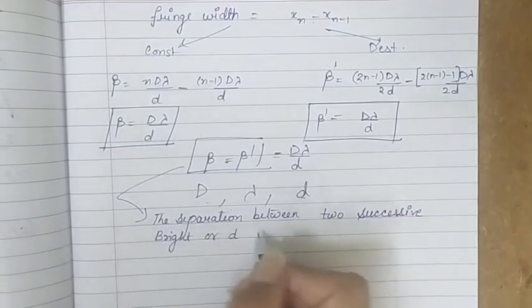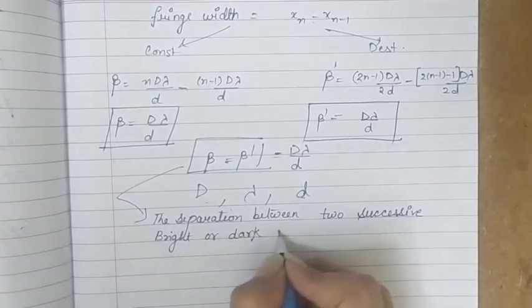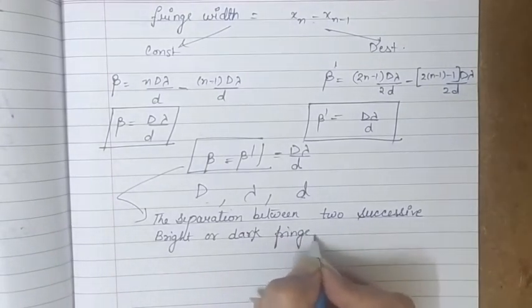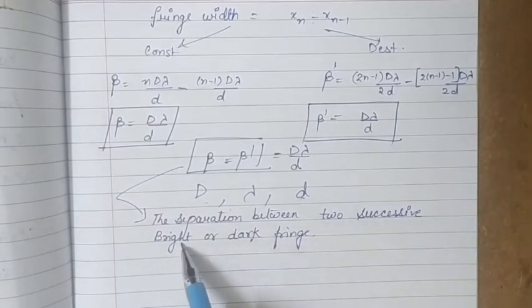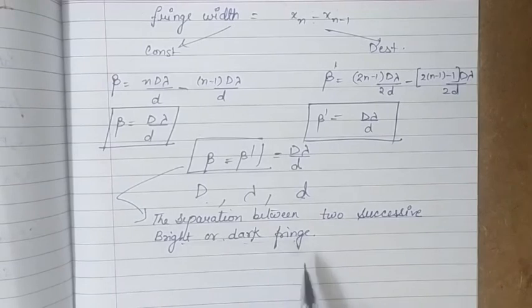Either we have to take bright or we have to take dark fringes. We can't take alternate fringes because it will be bright and dark, and that will not help us to find the fringe width. So for fringe width we have to take the separation between two successive bright or two successive dark fringes.